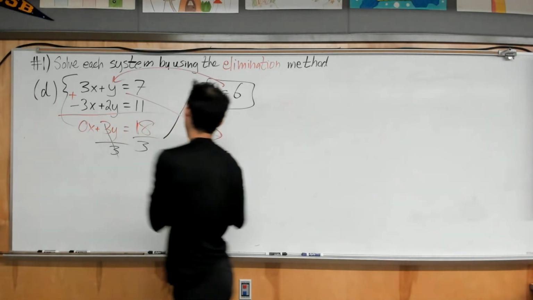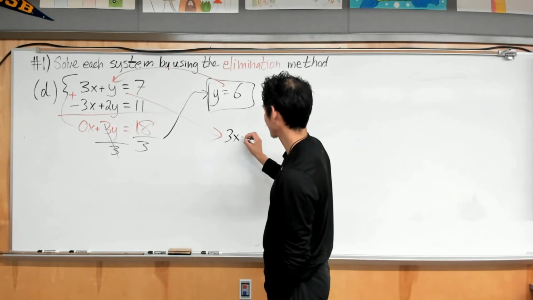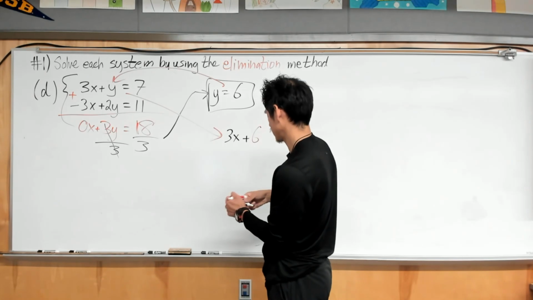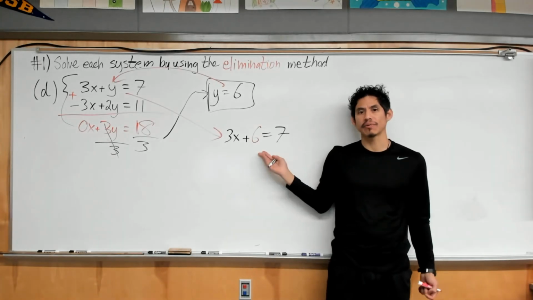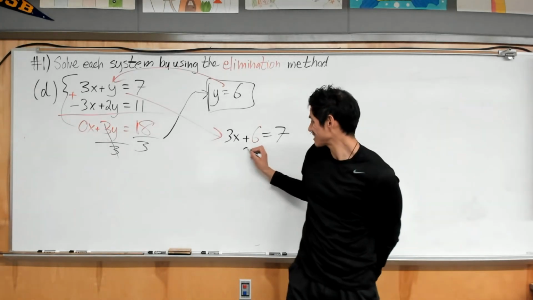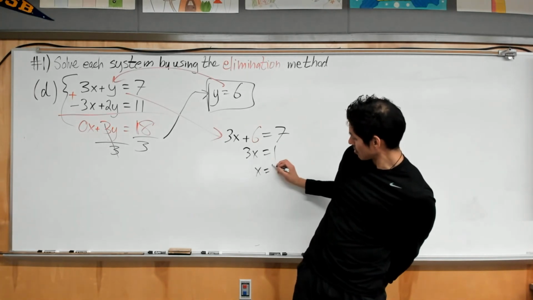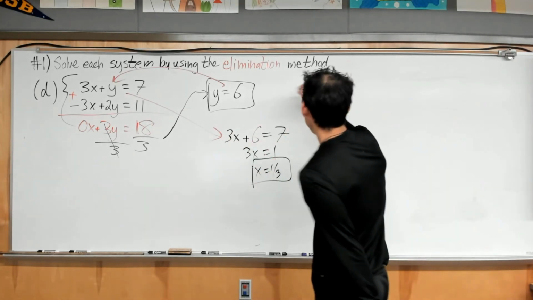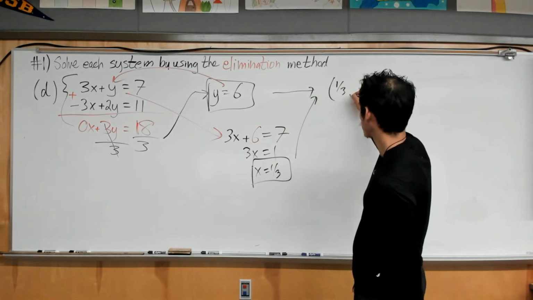Let's go over here. 3x plus 6 equals 7. Take away 6 from 7, you get 3x equals 1. And x is just 1/3. And we put them together. We get the ordered pair 1/3, comma 6.